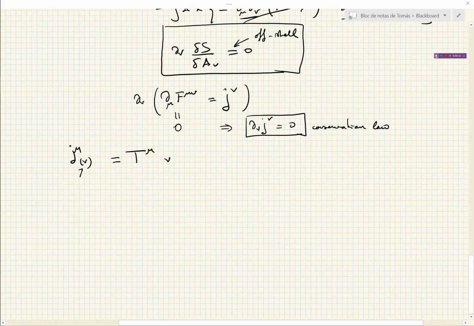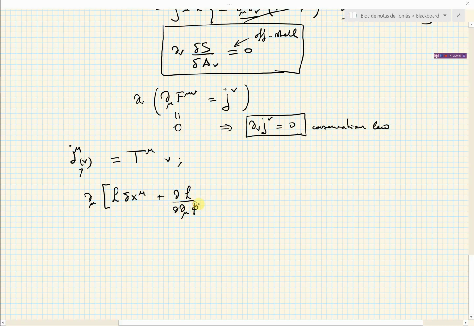Now, the same calculation we did for the scalar field gives the conservation of this object in general. This is what we got there.